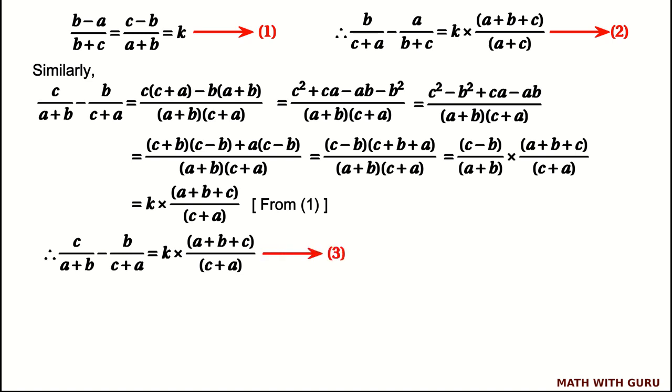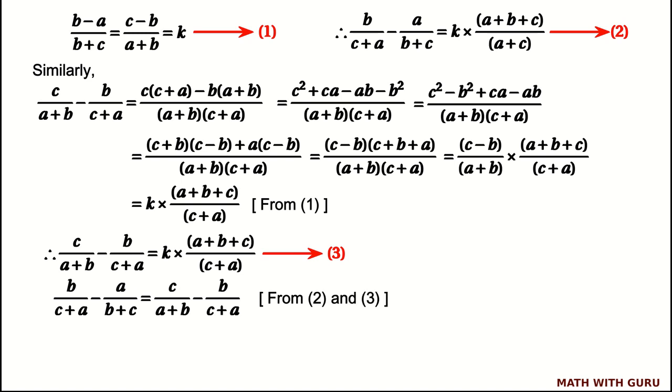Look at equations 2 and 3. We can infer that b over c plus a minus a over b plus c equals c over a plus b minus b over c plus a. Second term minus first term equals third term minus second term. This is from equations 2 and 3.